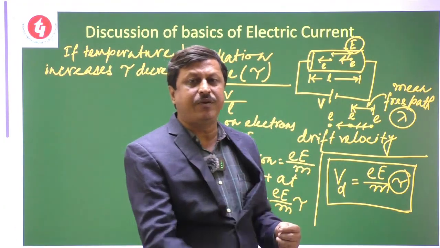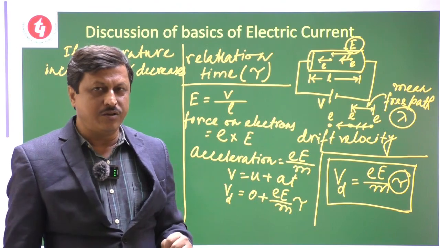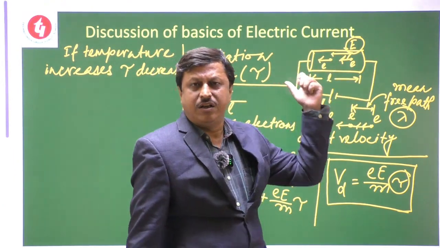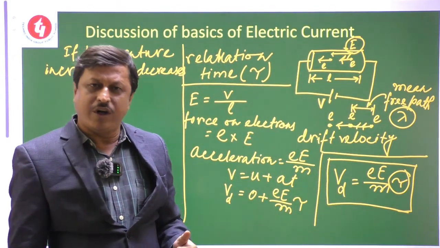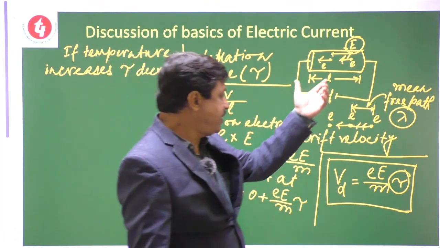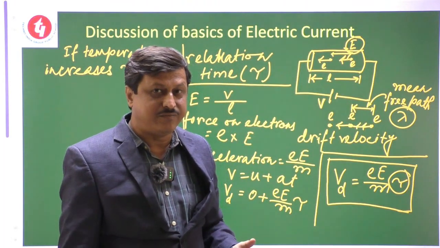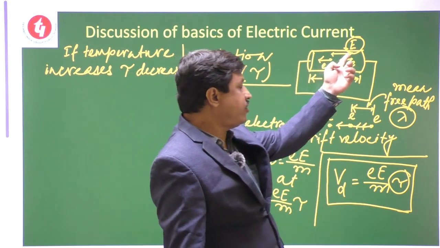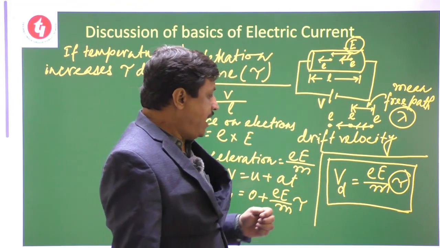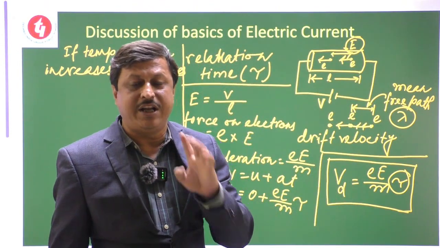So drift velocity depends on two factors. One is the potential difference across the terminals of the conductor: when it increases, the electric field also increases, so drift velocity increases. Another factor is tau, which depends on temperature.